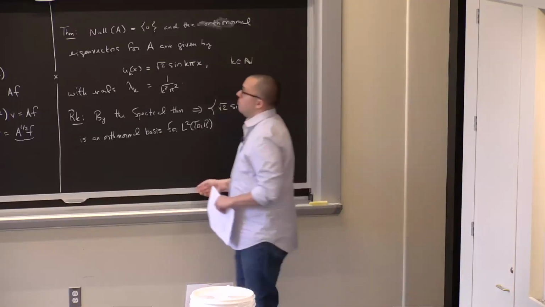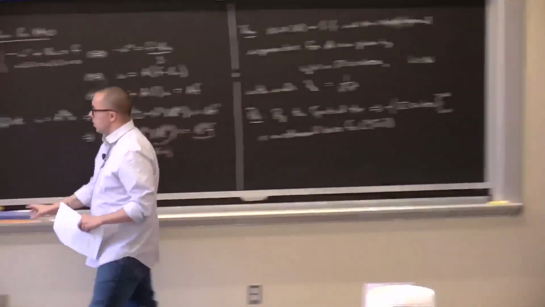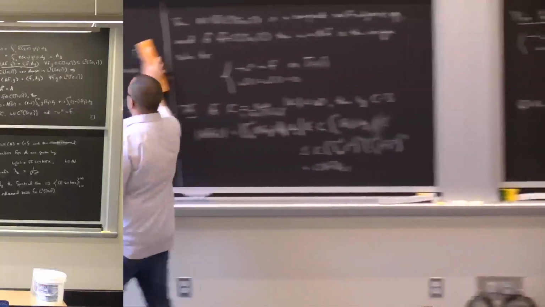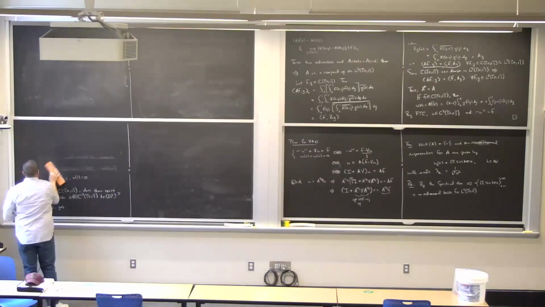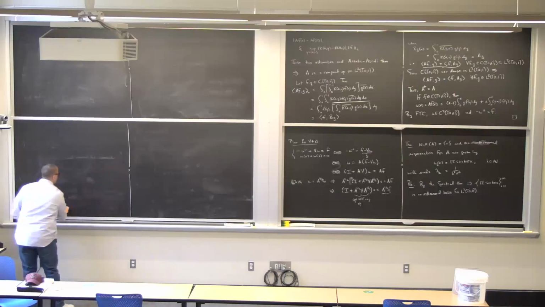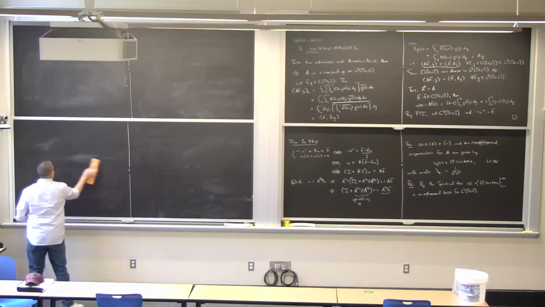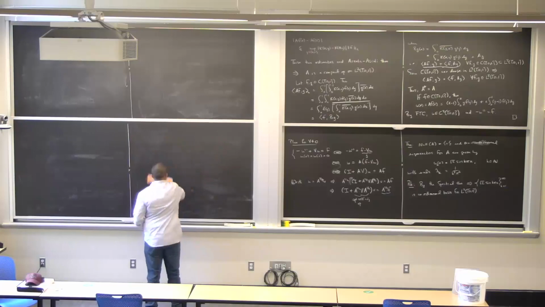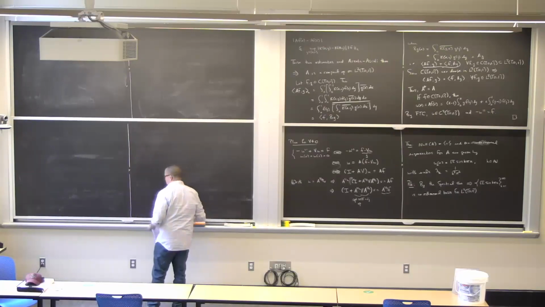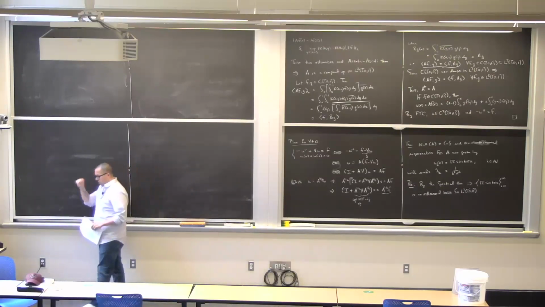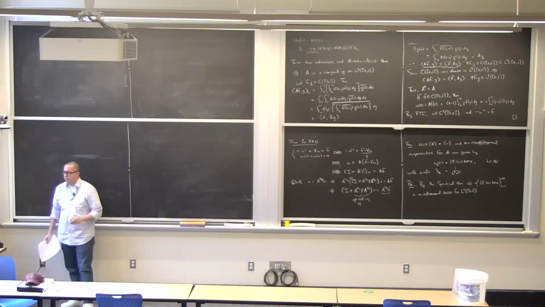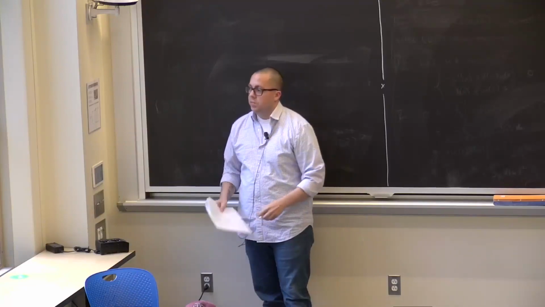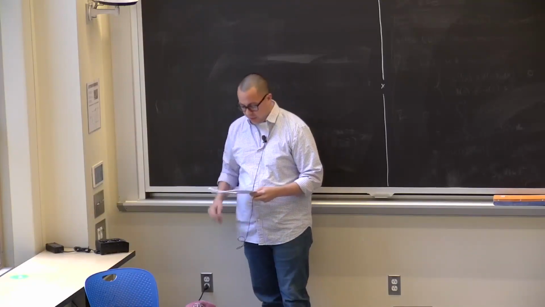All right, so let's prove this theorem. To prove that the null space of A is trivial, you can go about it a couple of different ways. We'll show that the range of A is in fact dense in L2.